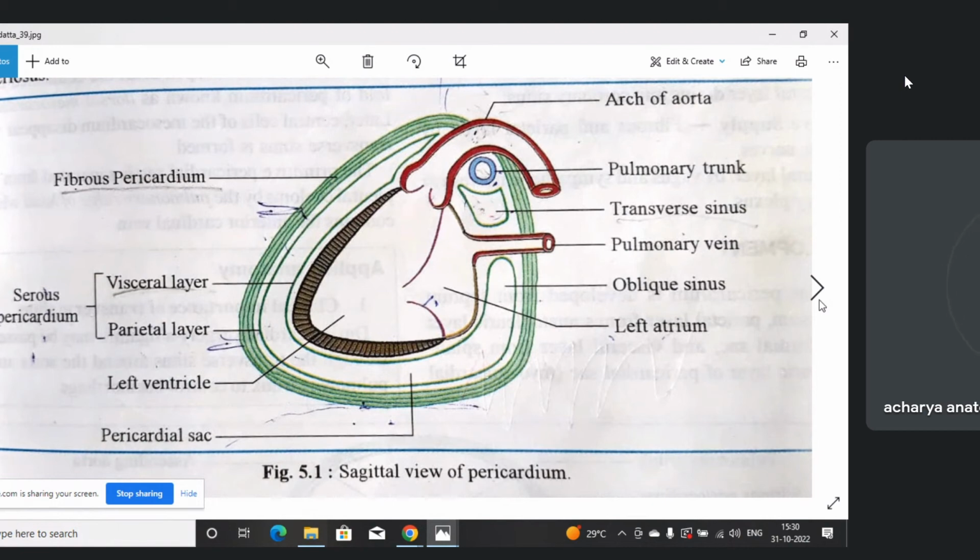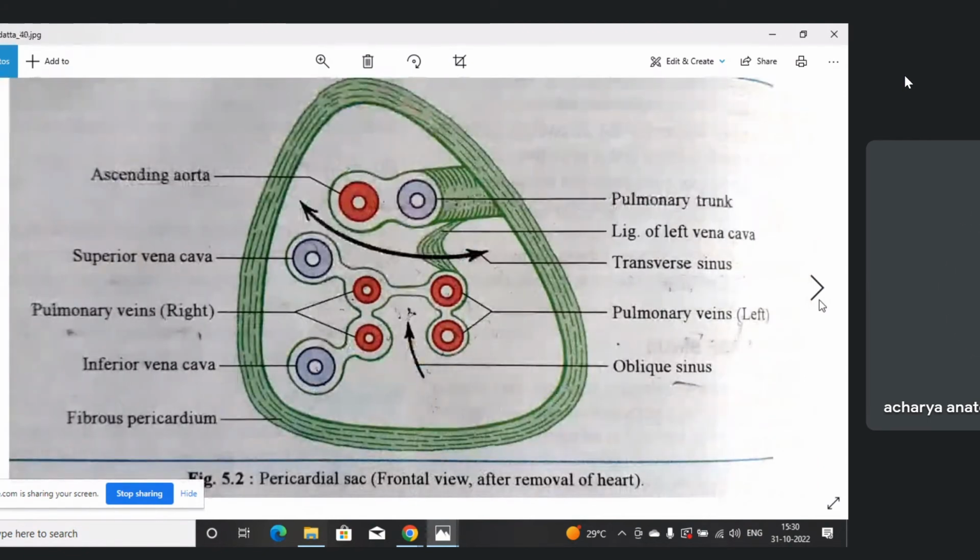Above, what is this layer? Parietal pericardium. Below it is open.